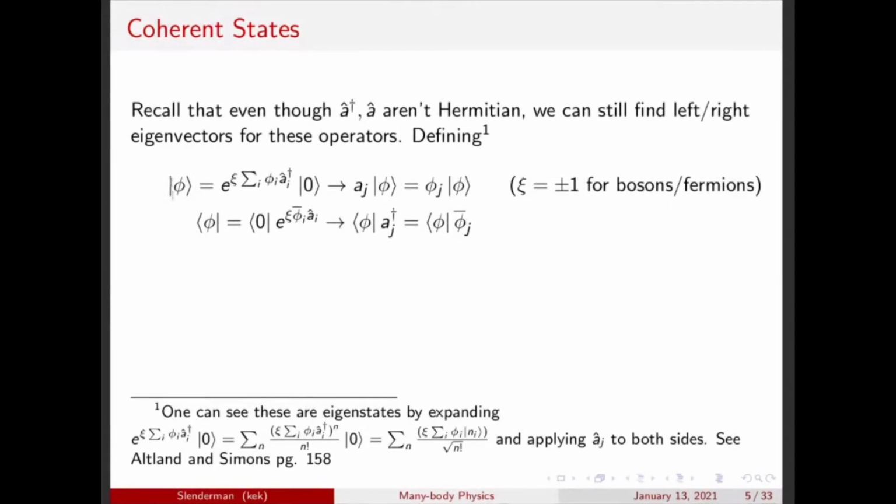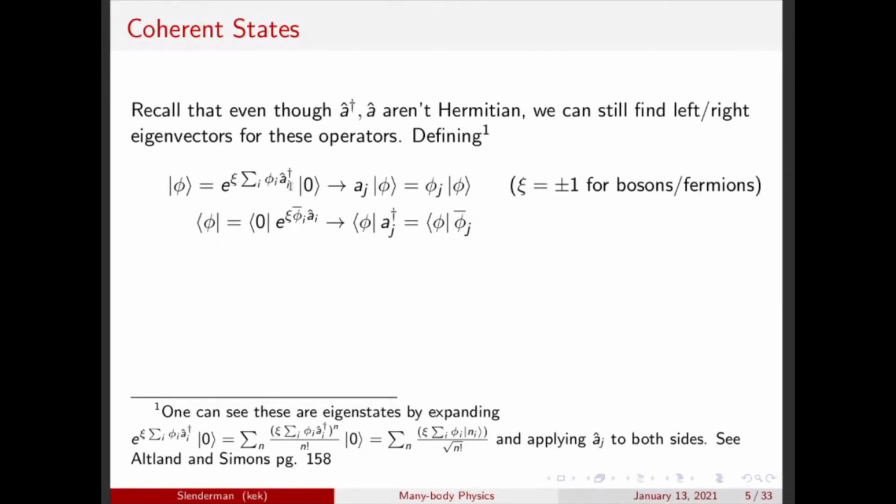Similarly, this is the bra. You basically define it equivalently. I forgot the summation, the sigma summation, but you can pretend I'm using Einstein summation. And here, the bra phi is a left eigenvector of the creation operator.